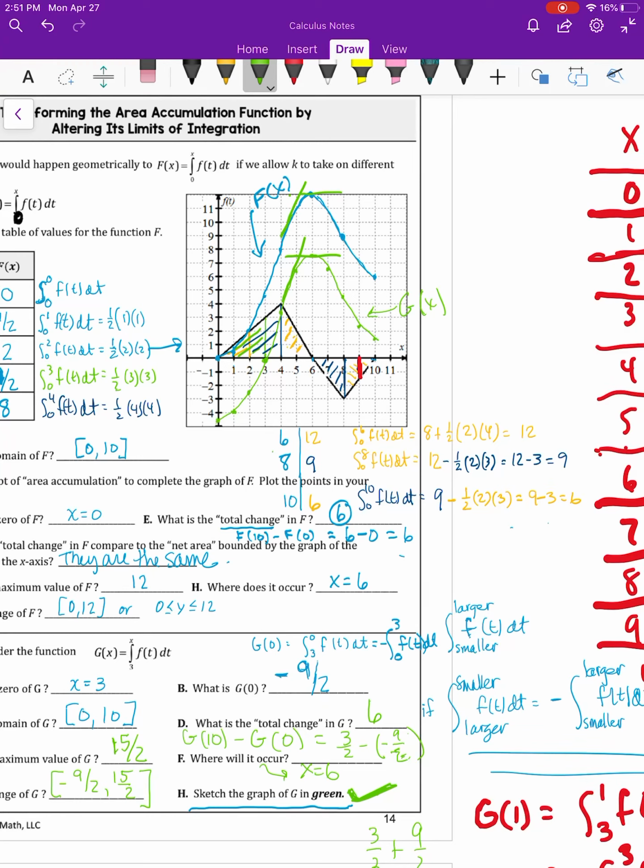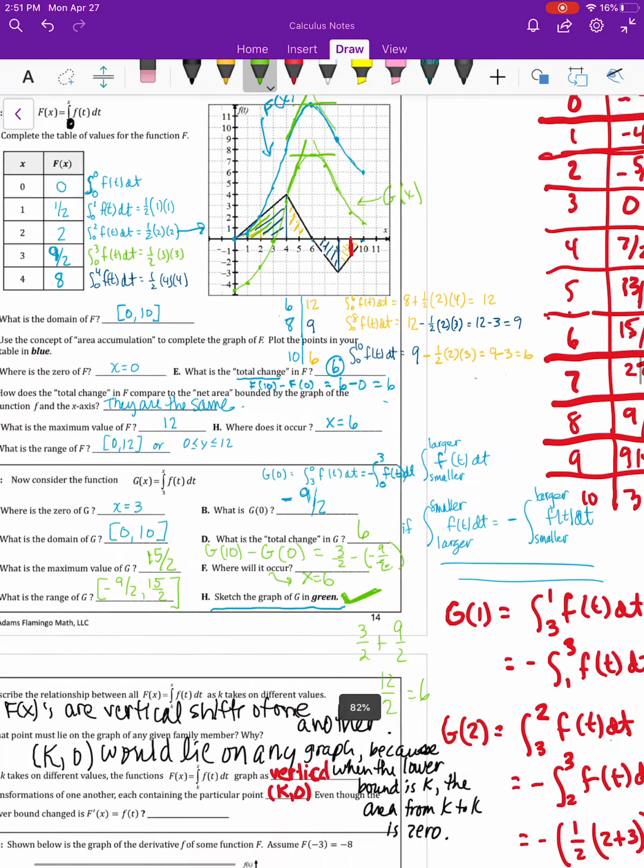See how these derivatives, which are slopes of tangent lines, are going to be parallel? So they're going to be the same for these two. These are parallel. If I took the derivative over here, it's going to be the same as the derivative over here. Those are going to be parallel.